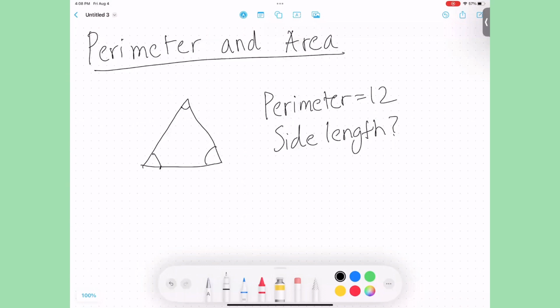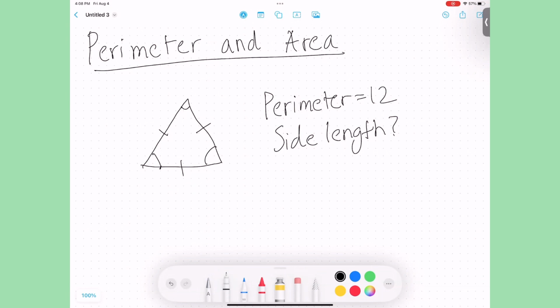But yeah, that's right. Because it's an equilateral triangle, all the side lengths are equal to each other. So there's gonna be just 4, 4, 4. Basically, what the perimeter is, you just calculate the sum of all the lengths of a figure. Let me be more specific, as some people might not have seen this before.